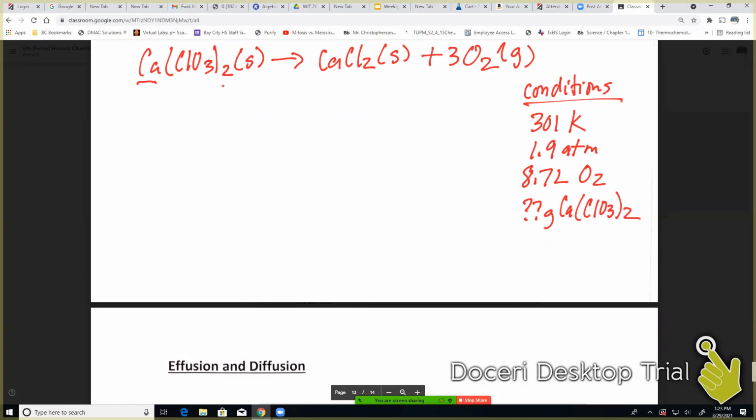If we got started with 8.7 liters, what in stoichiometry would we be able to use to convert that to something like moles? Because we can't use 22.4 because we're not at STP. And we don't have density, so that wouldn't help us.